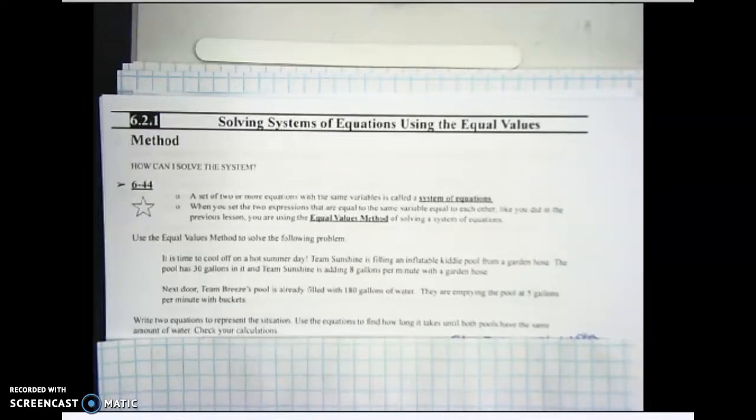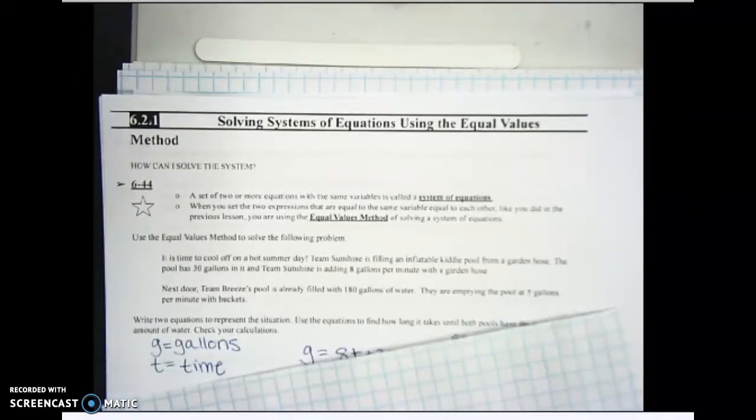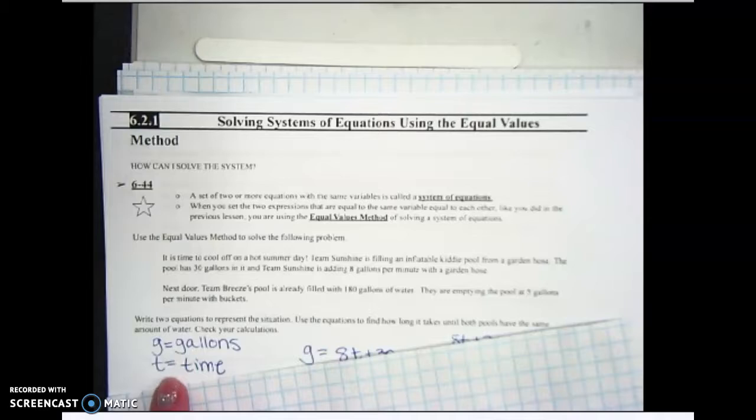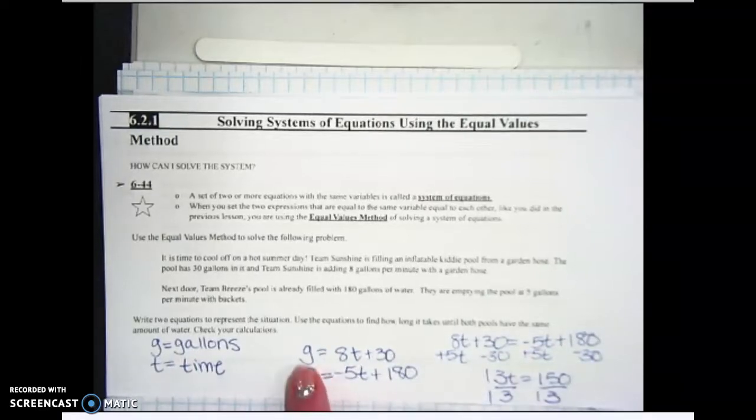So one team is adding water, the other team is subtracting water. So we're going to use G for gallons, we're going to use T for time, and we're going to write our 2 equations. So our gallons is going to be equal, and the first team is Team Sunshine. They're adding 8 per minute.